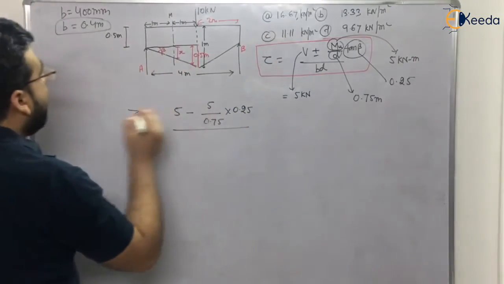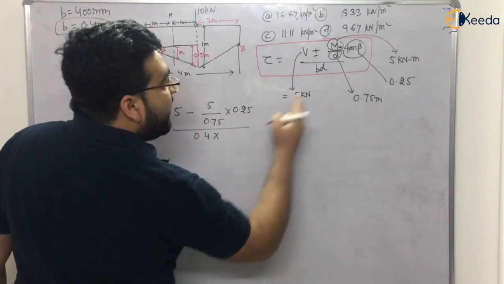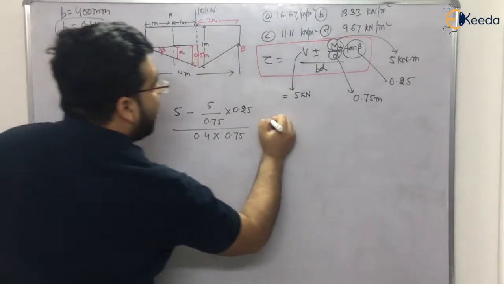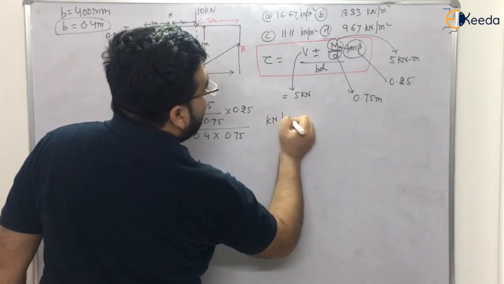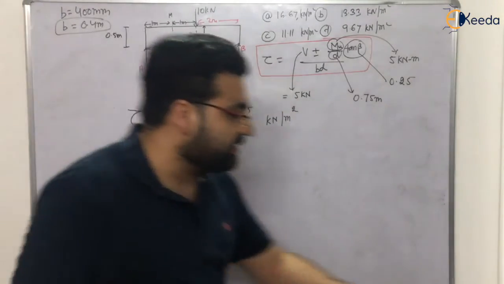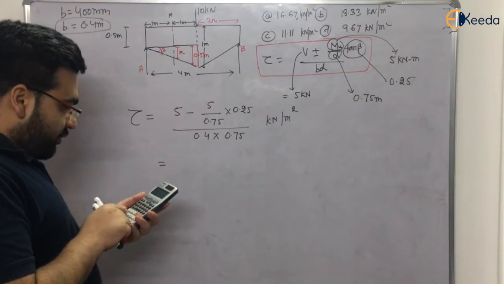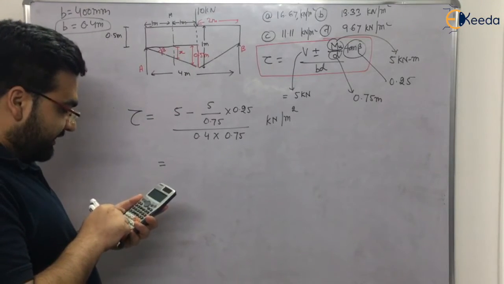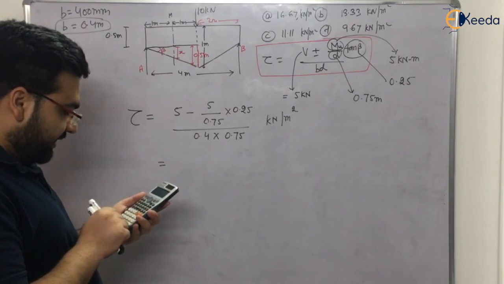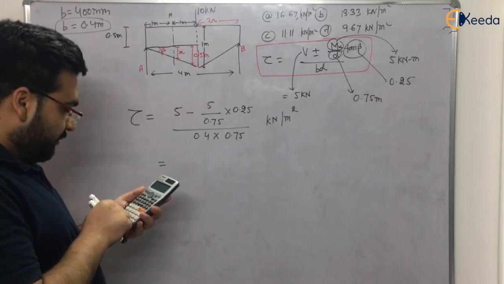Then tan beta is 0.25, divided by b. How much is b? 0.4. And d is 0.75. You get this answer in kilonewton per meter square. So how much is the answer coming? I guess a lot of you have got the answer already. So 5 into 0.25 divided by 0.75, minus 5 into minus 1 divided by 0.4 and divided by 0.75.